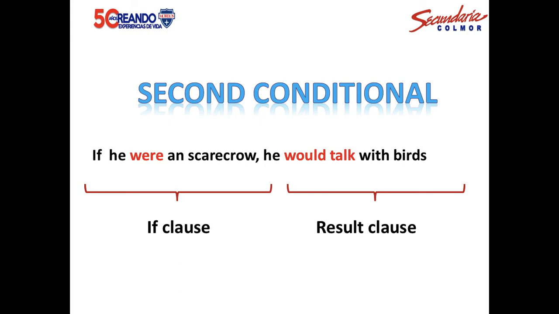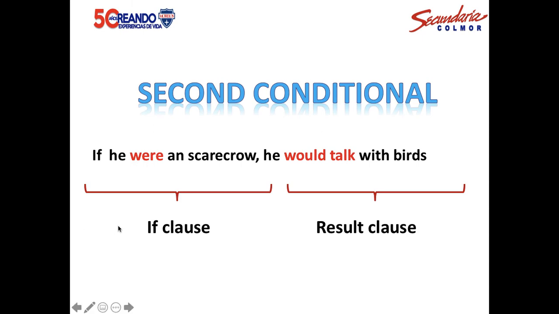This is another example for the second conditional. If he were a scarecrow, he would talk with birds. Yes or not? Can you see the difference between first and second conditional? Yes, because the second conditional is when we are talking about the past.